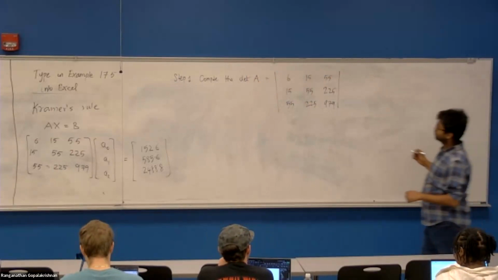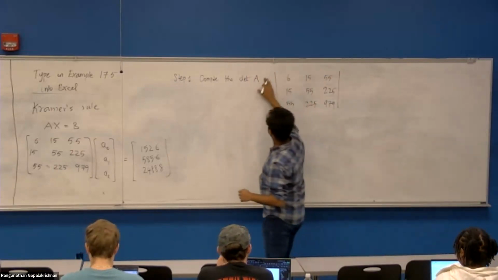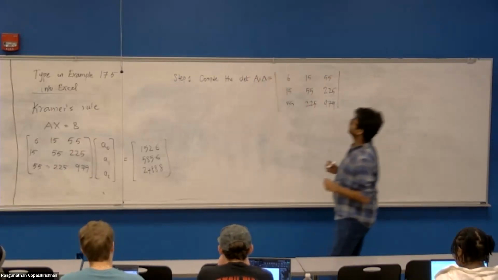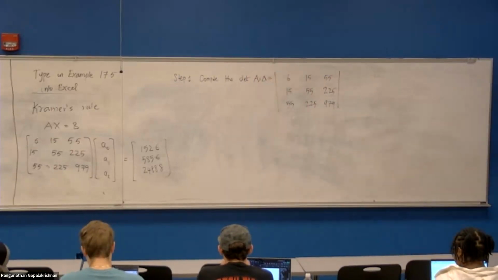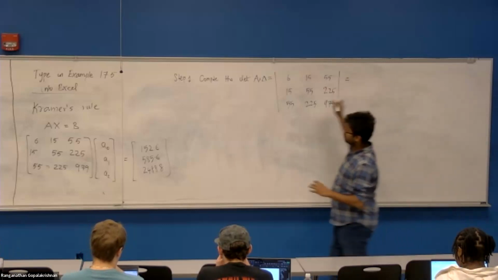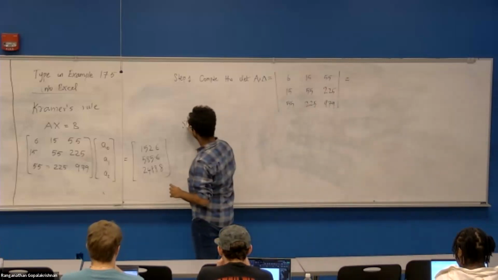Step 1, compute determinant of A. We'll give it a symbol. We'll call it delta. Delta equals determinant of A. It will be some value which you can easily figure out. For now, let's leave it blank.